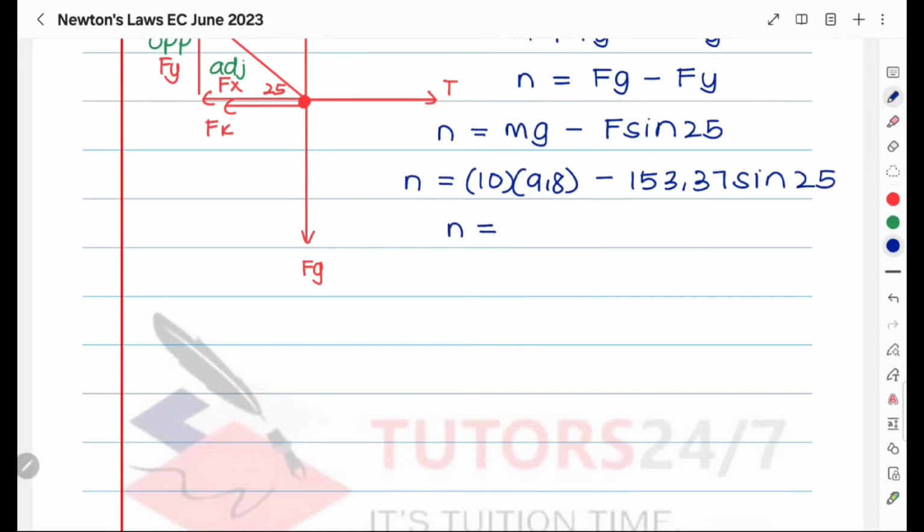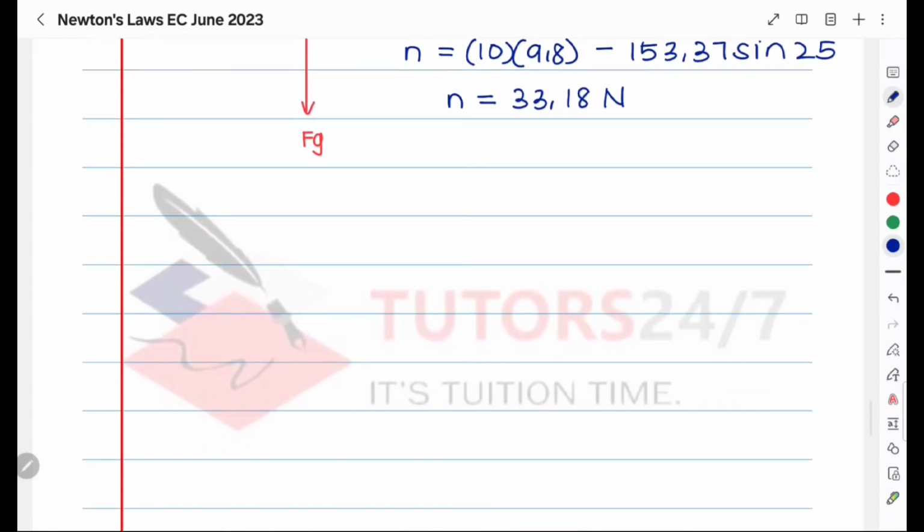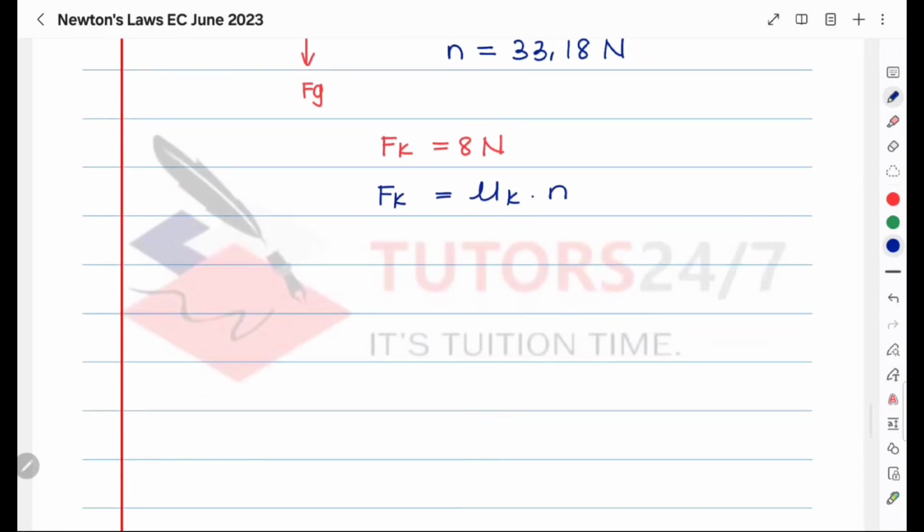We can put this into our calculator, and we then have normal force as equal to 33.18 newtons. Now that we have normal force and we were previously given kinetic friction as 8 newtons, we can calculate the coefficient of kinetic friction using the formula Fk is equal to the coefficient of kinetic friction times normal force.